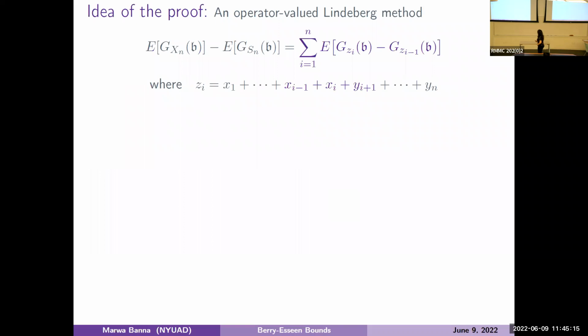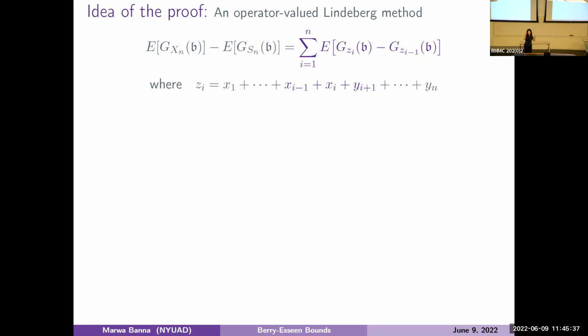So how do we obtain such bounds? We're going to approximate the Cauchy transform of X_n by that of S_n. So we write it as a telescopic sum. We're going to replace each element of this sum X_n by an element of this sum S_n in n steps.